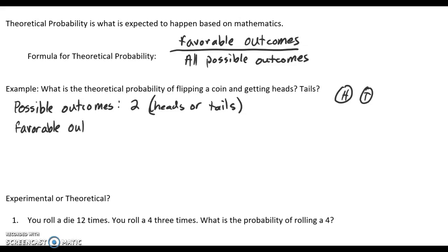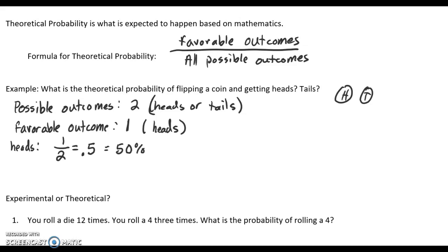But in this case, we have one because there is heads. So to find the probability of getting a heads, we are going to do 1 over 2, which I think a lot of you don't need to go through the steps of this, and we get 0.5 or 50%.